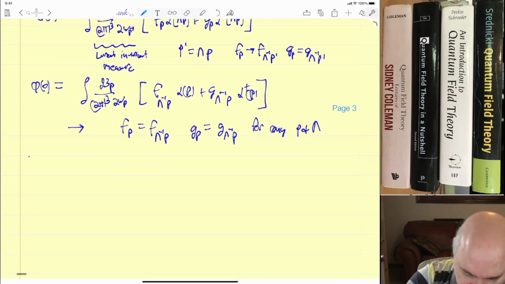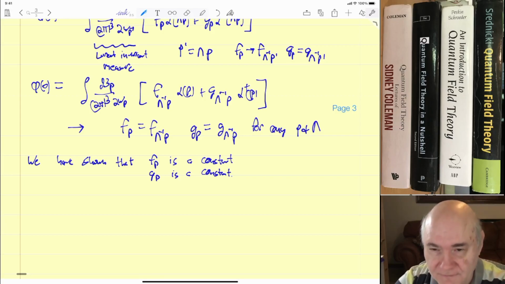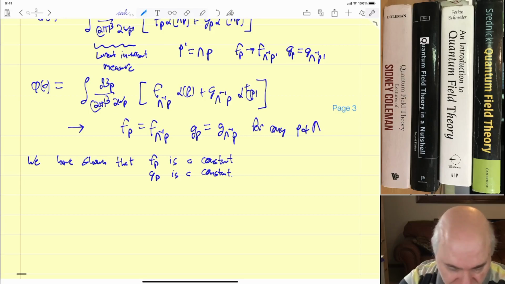So basically, we have shown that f of p is a constant, and g of p is a constant. Because we can start in any reference frame, and then if we go to another reference frame, it doesn't change. Once we determine it in one reference frame, it's going to be the same in every other reference frame under a proper Lorentz transformation. In other words, Λ maps p to p prime on the mass shell.